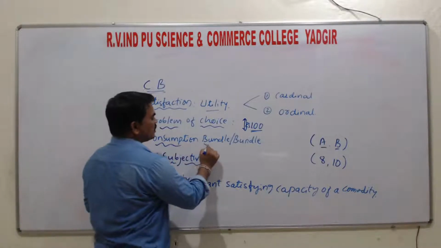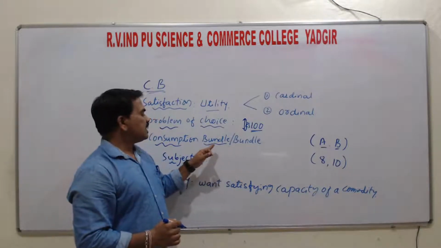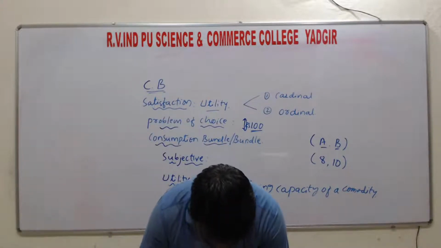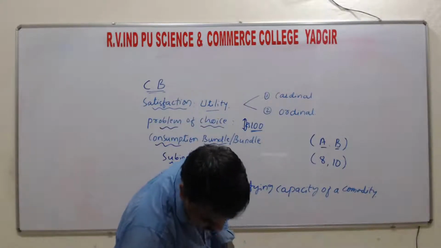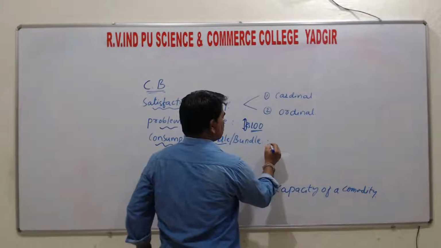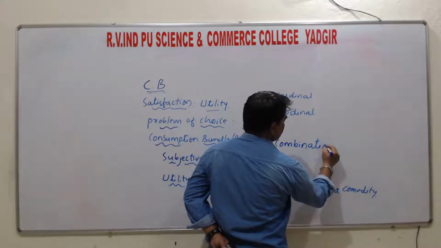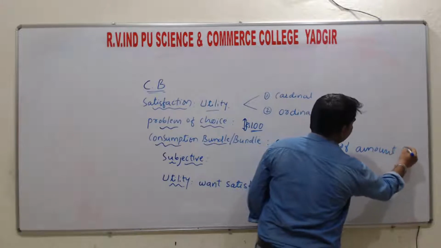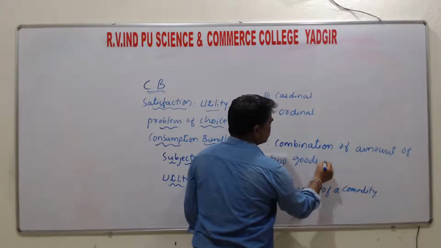And what do you mean by consumption bundle? It is a combination of a set of two goods. We call it a consumption bundle. We can say a combination of amounts of two goods.